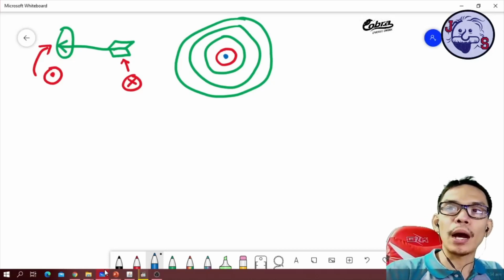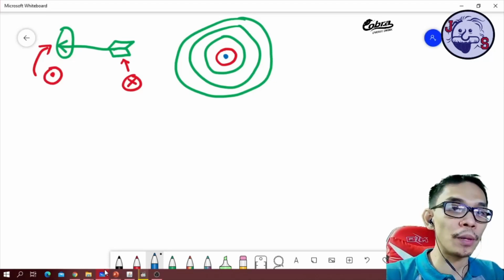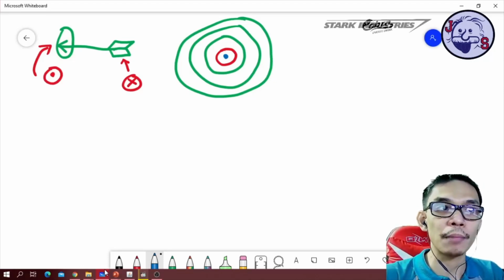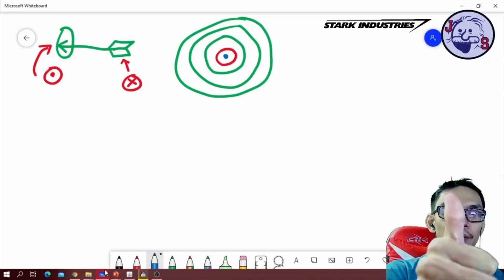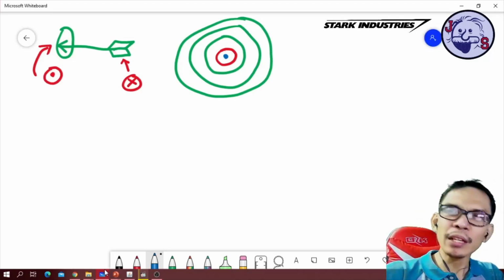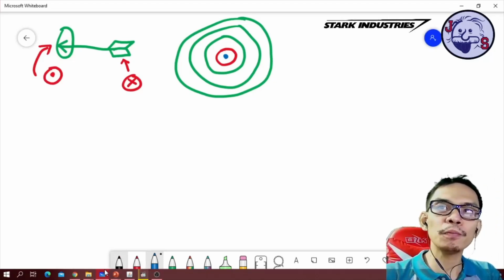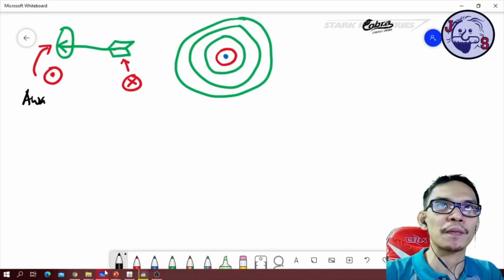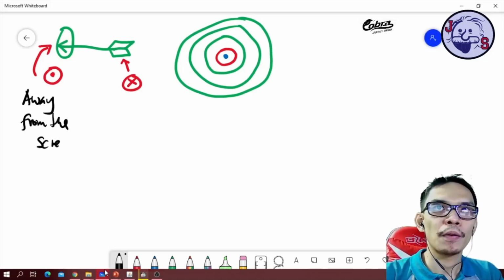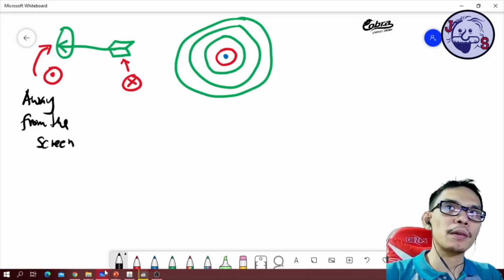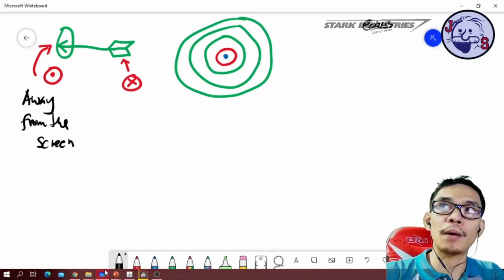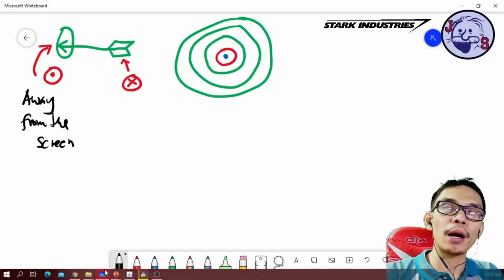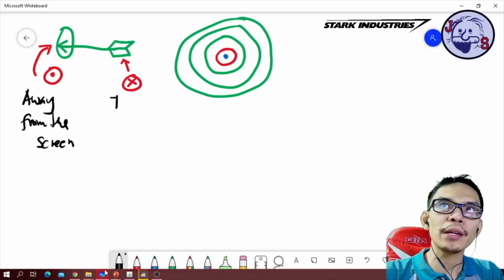By using the first right-hand rule, you will be able to know the direction of the magnetic field. The dot over there tells you that the current is moving away from the screen, and the x tells us that the direction of that indicated variable is moving into the screen.